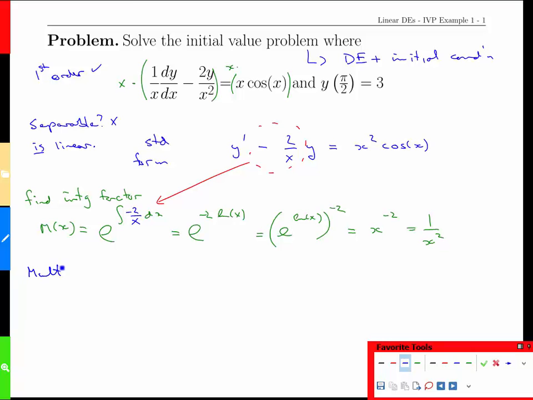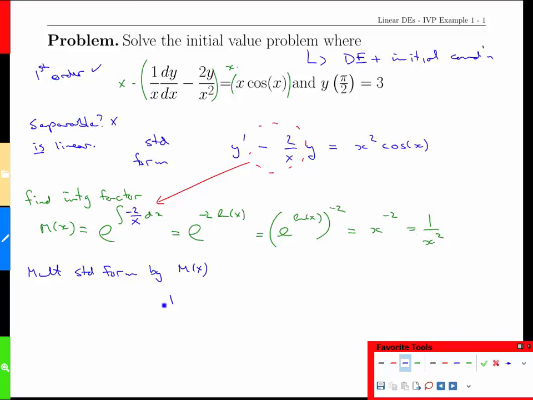Next step is multiply the standard form. And it's important that it's the standard form, not the original, by our integrating factor m of x. When we do that, our standard form is here. We're going to multiply every term by 1 over x squared.